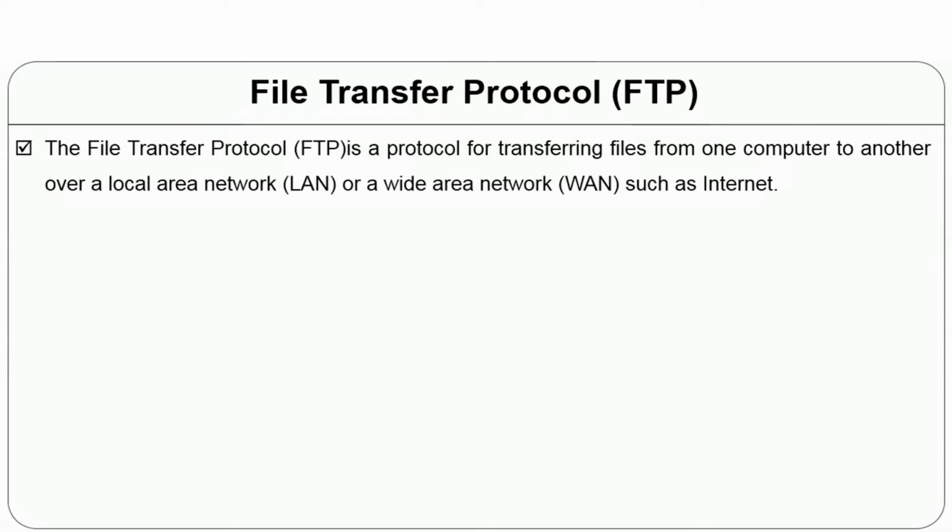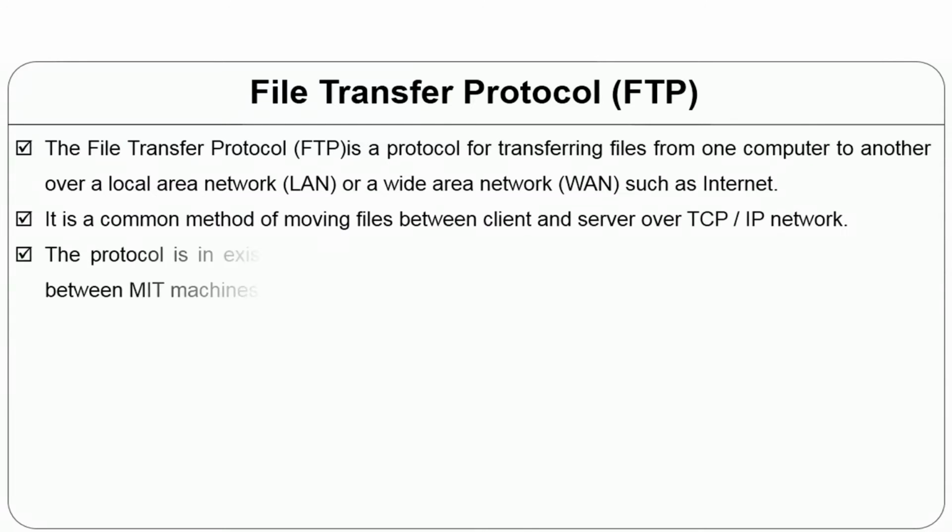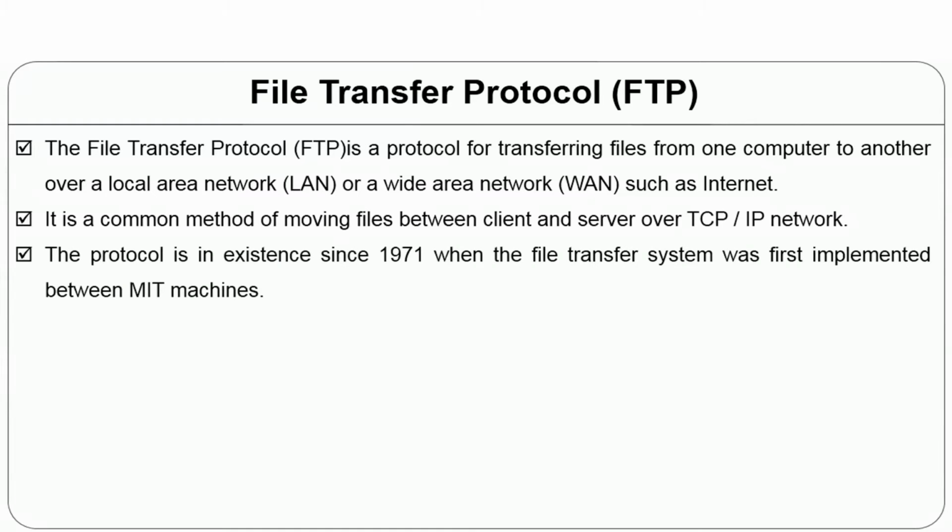Bigger files, as I mentioned, use FTP. This is for transferring files on a local area network or wide area network. In a local area network, FTP may not be required for transfer, but in a wide area network, FTP is a good solution. The protocol was available in the same period, and it was implemented between MIT's machines.